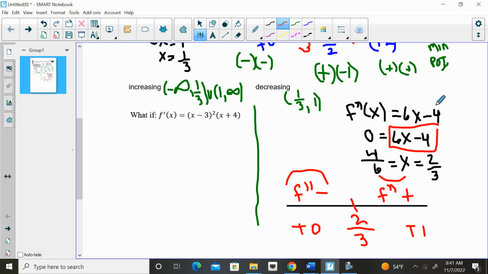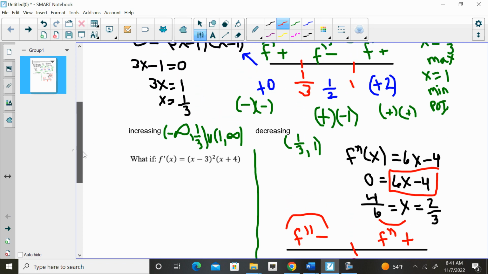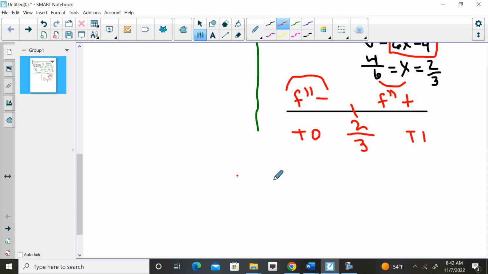Okay. So I can go back up here where it says, what's my point of inflection? There's my max, there's my min. Point of inflection, x equals 2/3. And then where's it concave up and concave down? Concave up from 2/3 to infinity.